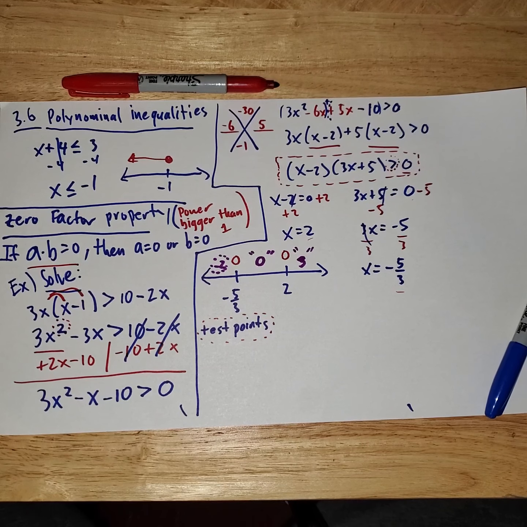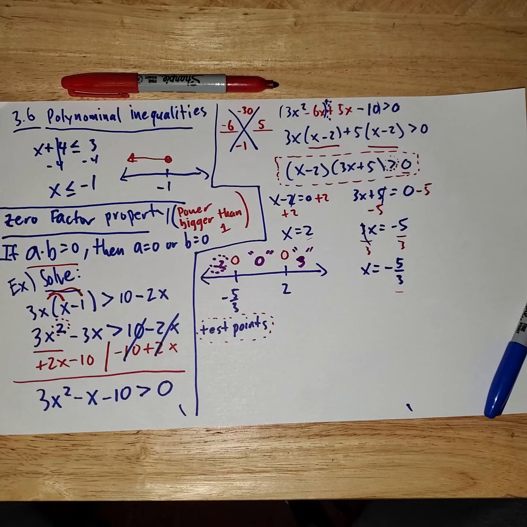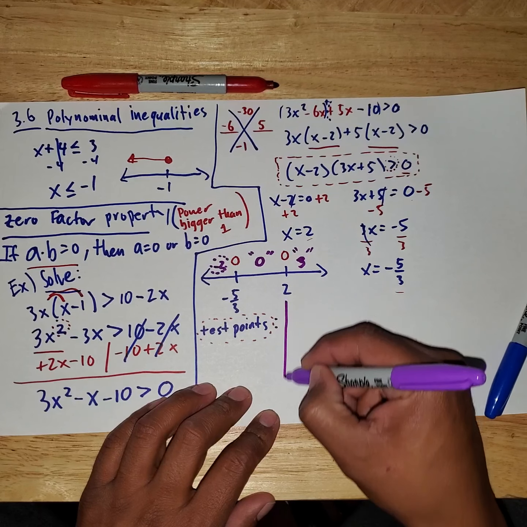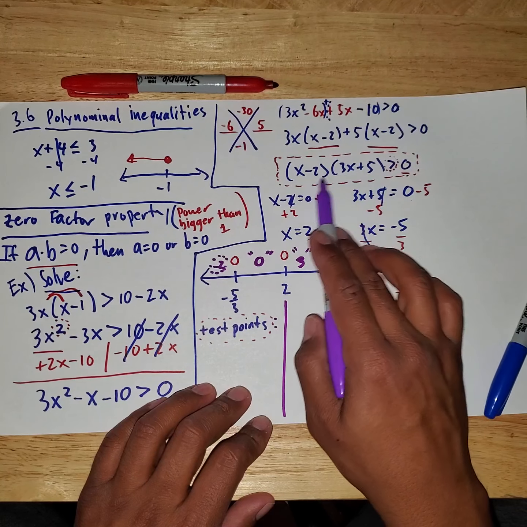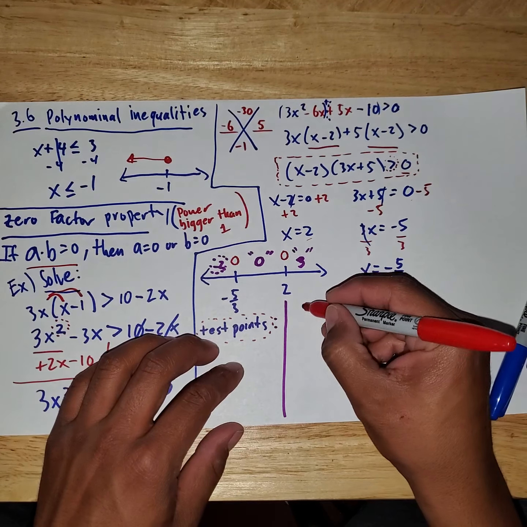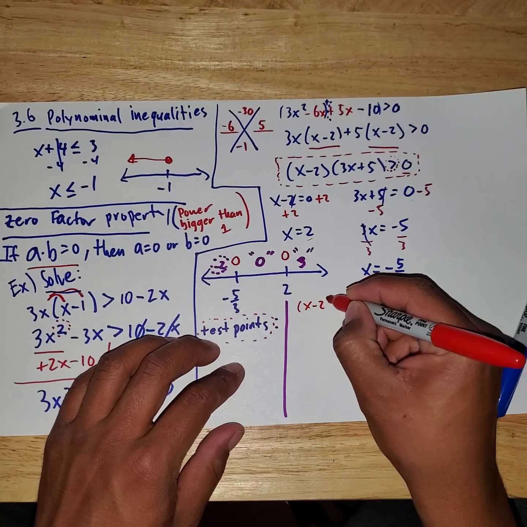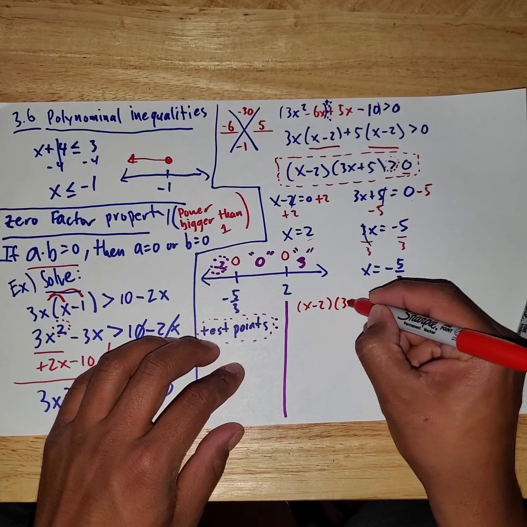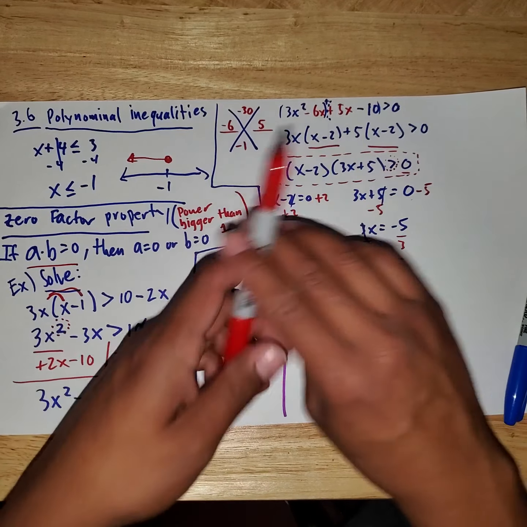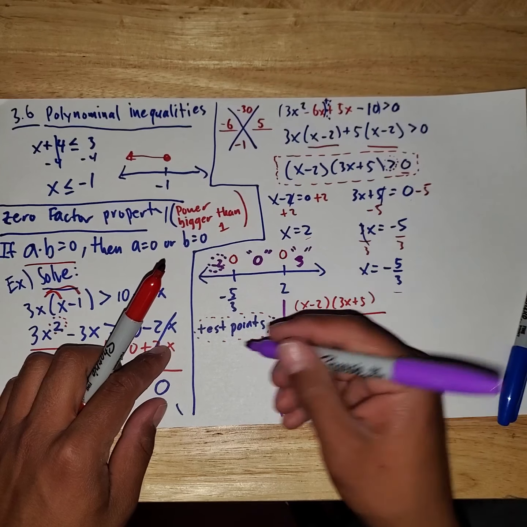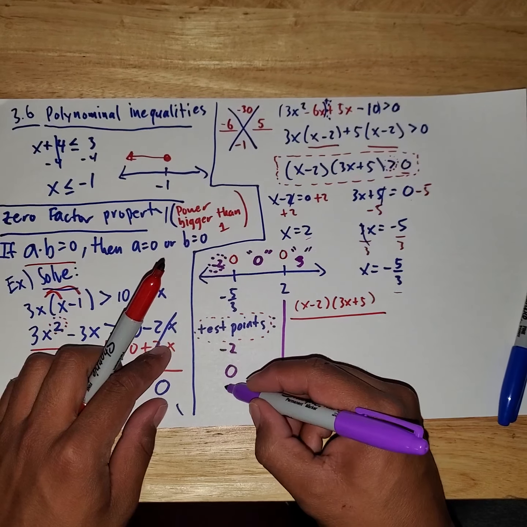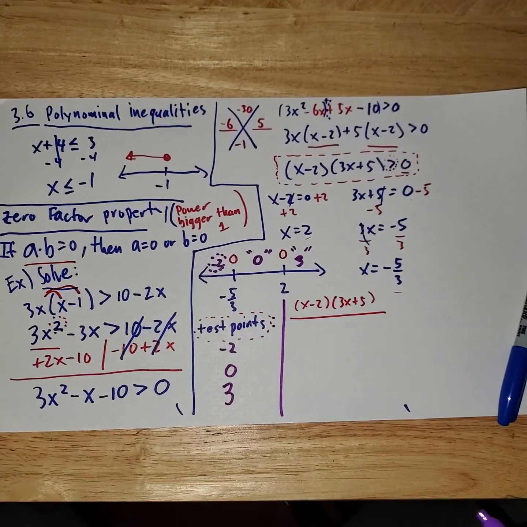Alright. Let's actually just check. So the way we're going to check it is we're just going to plug into here. So we have our factors are x minus 2 and 3x plus 5. I'm just going to plug in all our test points. So we have negative 2 is one test point, 0 is another test point, and then 3 is another test point.